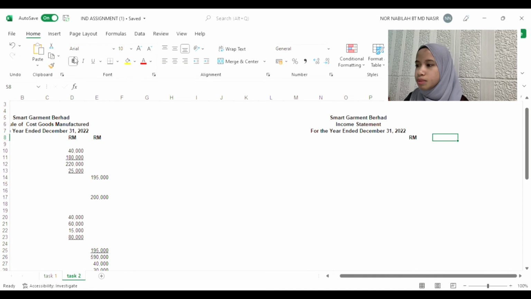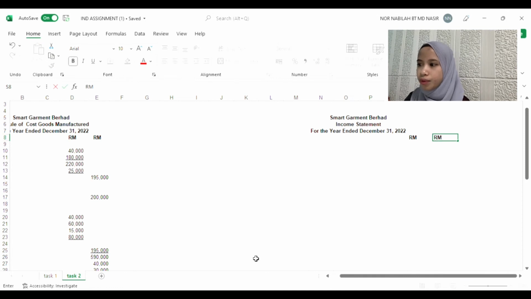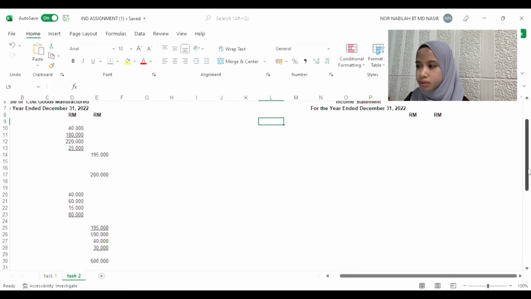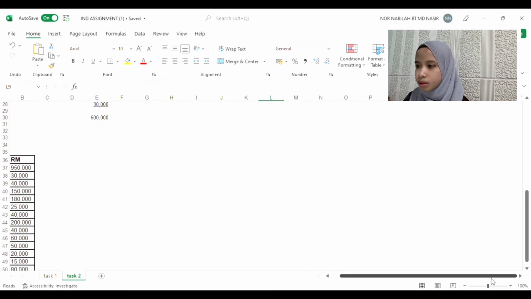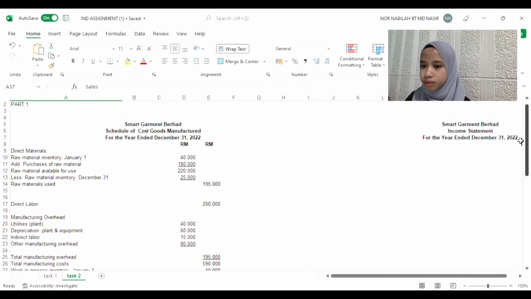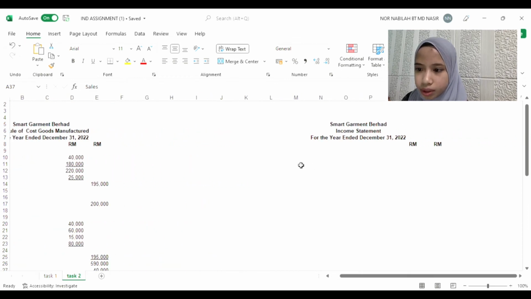Next, Smart Garment Berhad income statement for the year ended December 31, 2022. Okay, first we start with the sales. Look at the given data. The sales is 950,000.